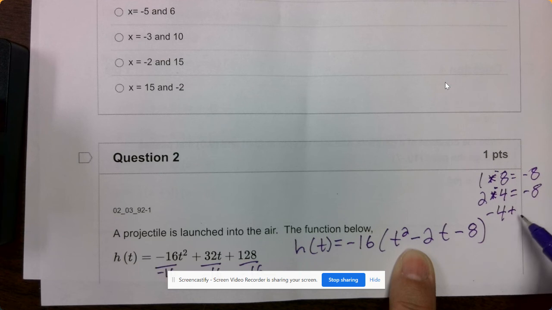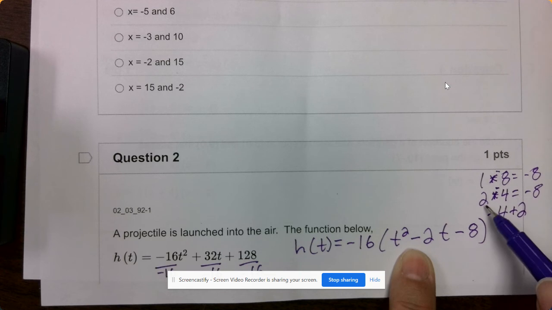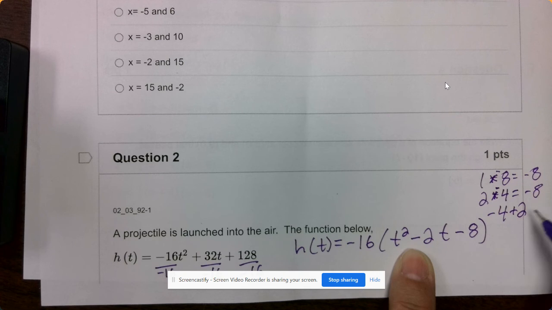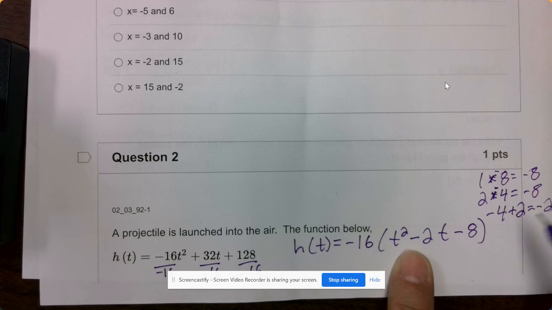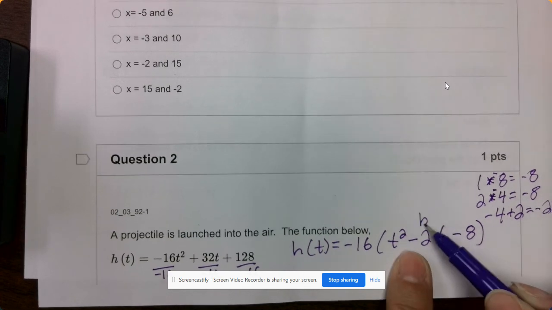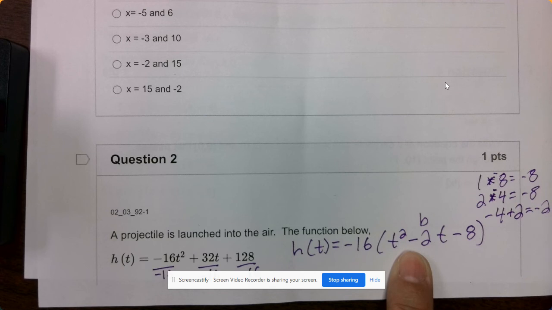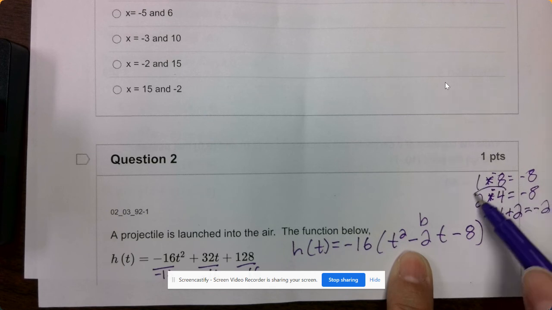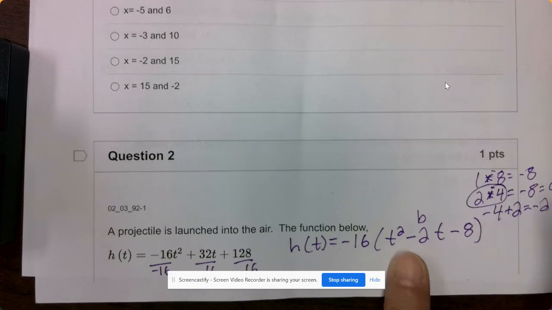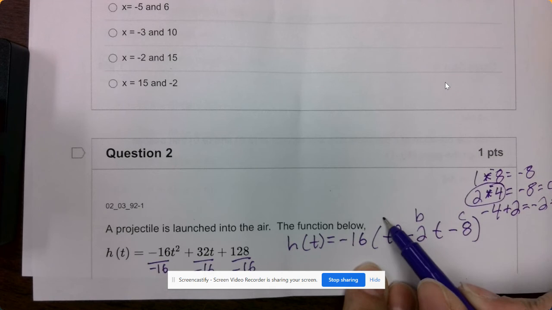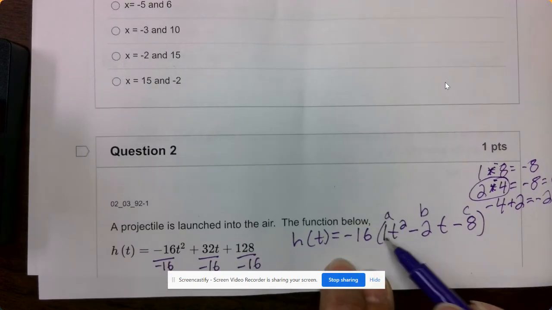Negative 2 wouldn't work because negative 2 plus positive 4 will give us positive 2 right there, but negative 4 plus 2 will work because that would give us negative 2. Okay, that's our b value. So this would be b. This is our c value. Remember a, b, c. And a right here, everybody remembers invisible 1.